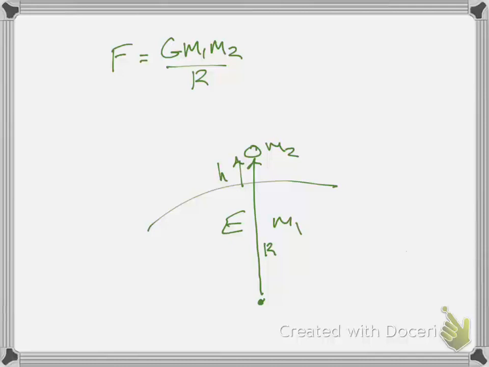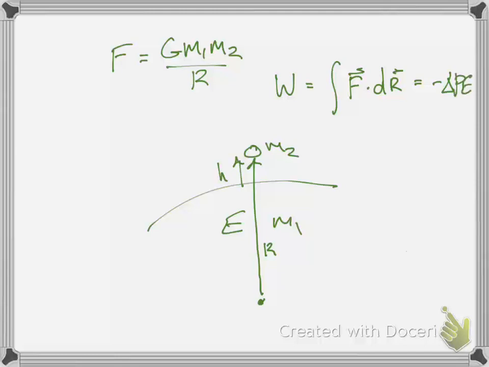And if we wanted to define the potential energy of the m1 m2 pair, remember potential energy is defined from the work. The work is equal to the integral of F dot dr, which equals minus the change in potential energy.